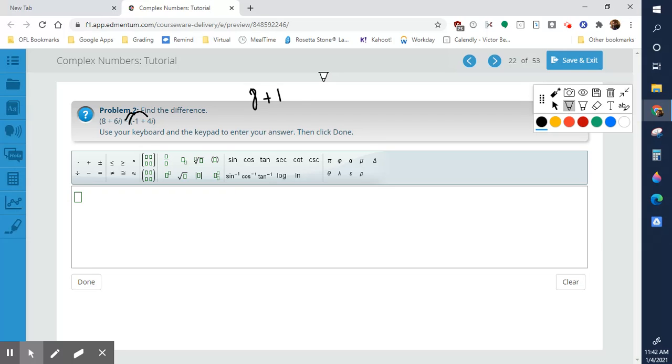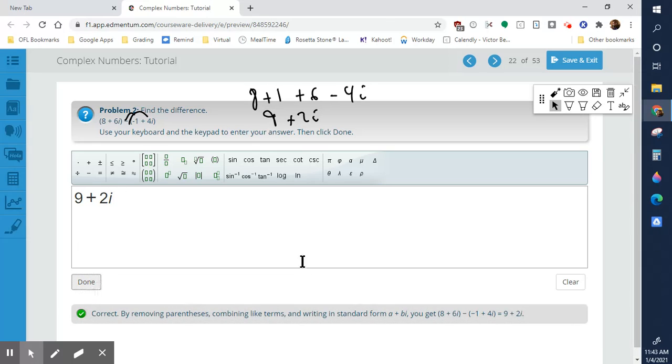So this is going to be plus 6 minus 4i, which gives us 9 plus 2i. So we add our real numbers together, and then we add our imaginary numbers. Perfect. All right, going to the next one.